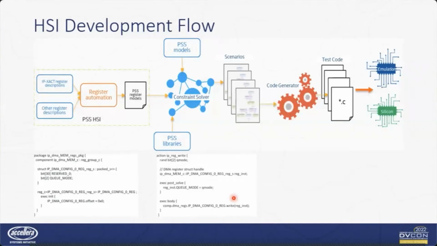So if the target platform here is an embedded core environment, the target code might look like a simple pointer based access to the register. Now, if the target platform is UVM, then there will be some additional integration required to drive the transaction for the register write on the UVM agent. So in our paper, we have provided more code snippets on how HSI to UVM integration looks like for the EDA tool which we have used.